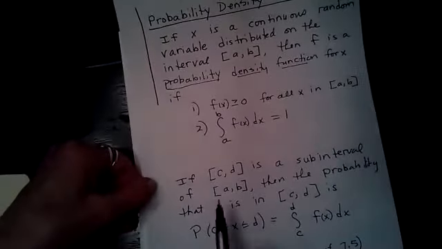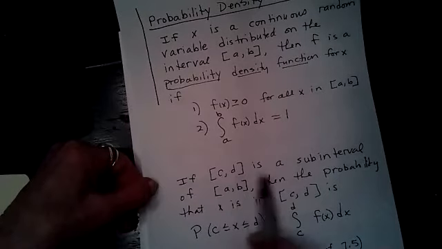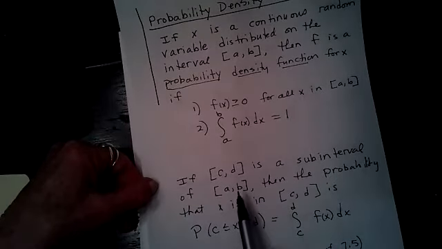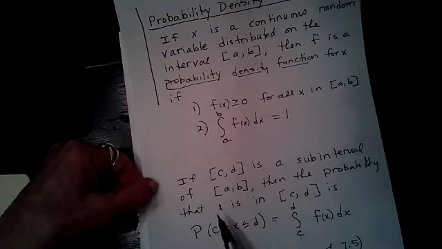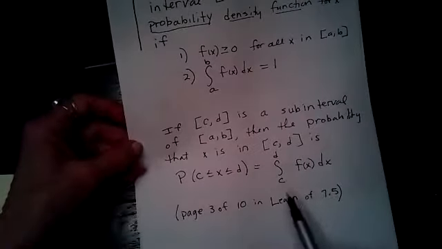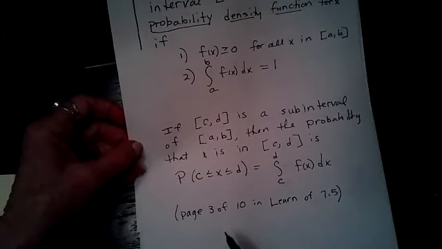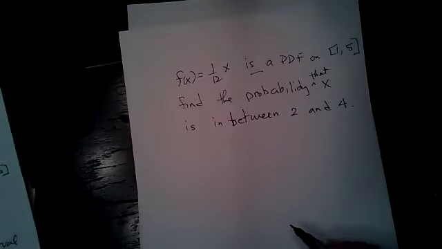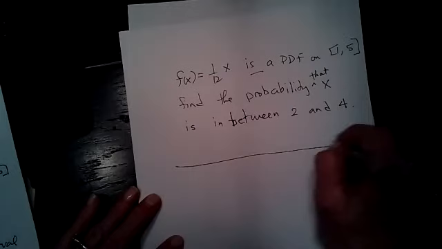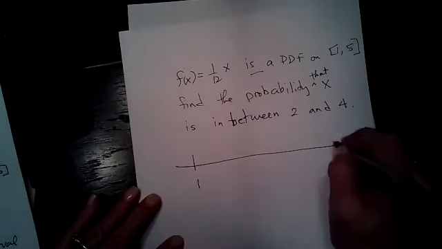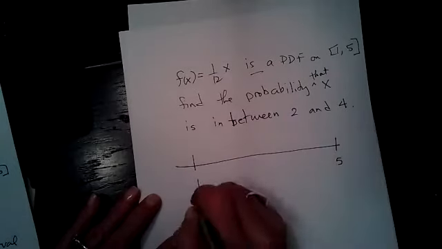Okay, so if CD is a subinterval of AB, then the probability that X is in the interval CD is, we just set up the definite integral, okay? This is all on page 3 of 10 in your Learn of 7.5. But let me just show you what that means. So we know that f of X is a probability density function between 1 and 5.